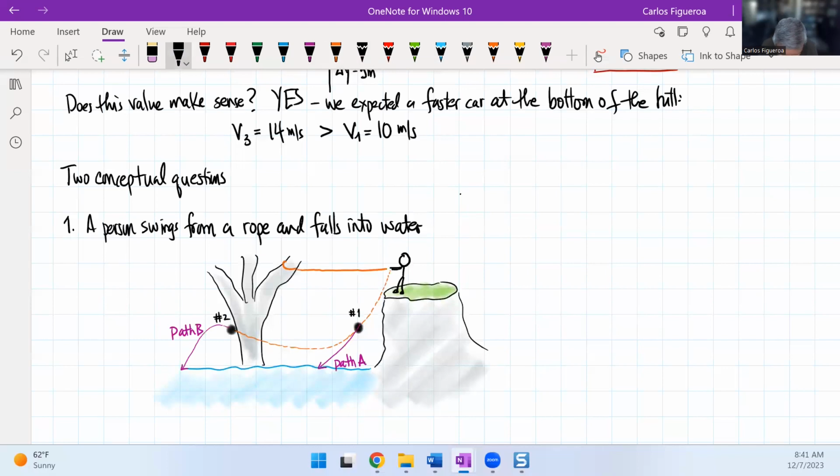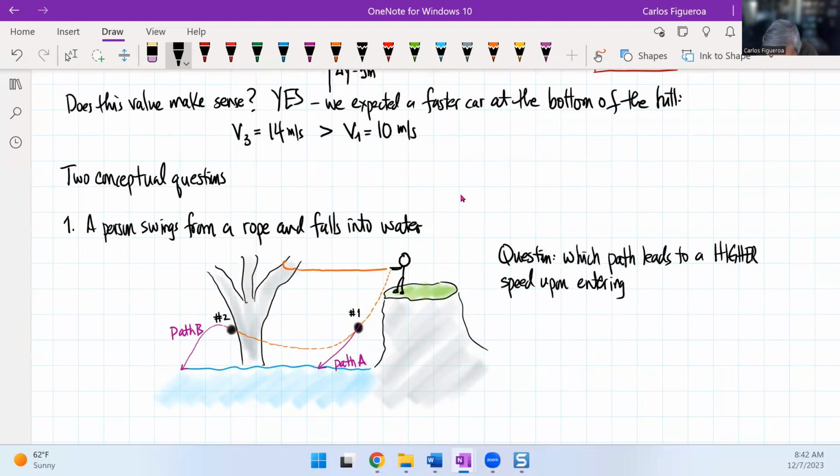So then lies the question: which path leads to a higher speed upon entering the water?